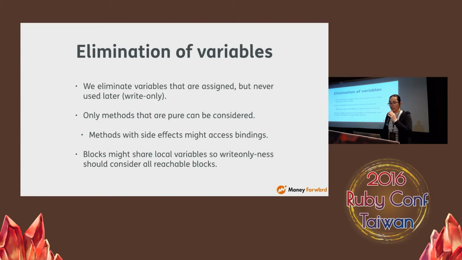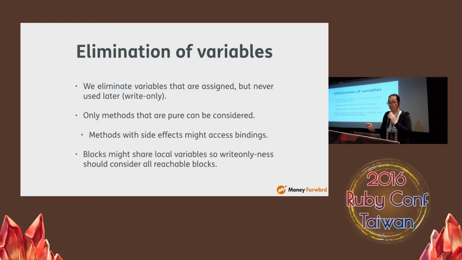It's not easy to tell if a variable is not used at all strictly. That must be called liveness analysis, and it's very heavy. Because we have to optimize on the fly, we need to do something lightweight. So this time, we check whether a variable is write-only or not. Also, there are bindings.